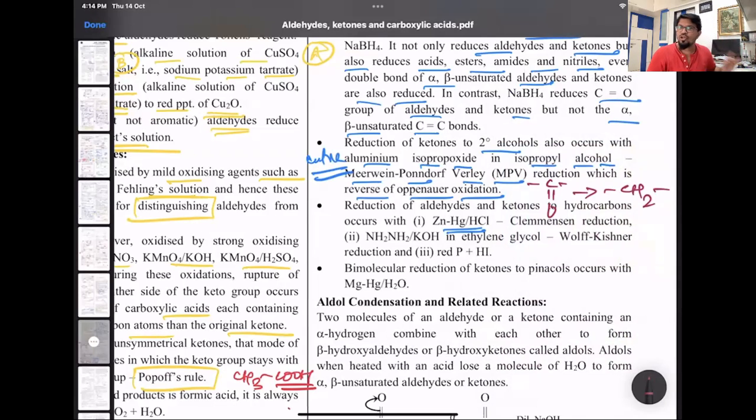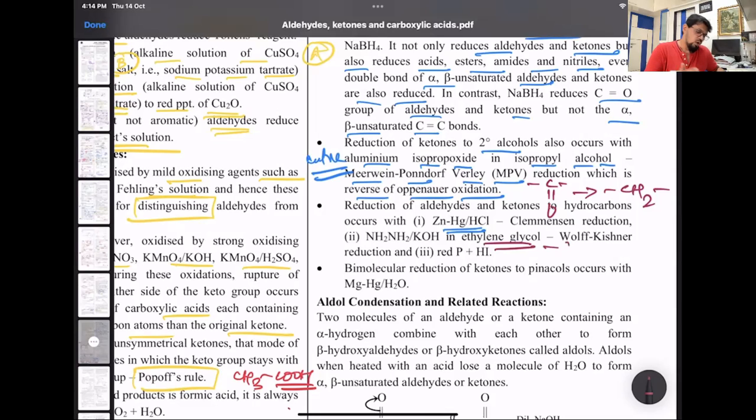Aldehyde or ketone first reacts with hydrazine to form its respective hydrazone, then in KOH and ethylene glycol at a temperature of 453 to 473 Kelvin, it breaks down to give the respective alkane. There also the carbonyl group is reduced to a methylene group. In both cases, we get the respective alkanes.